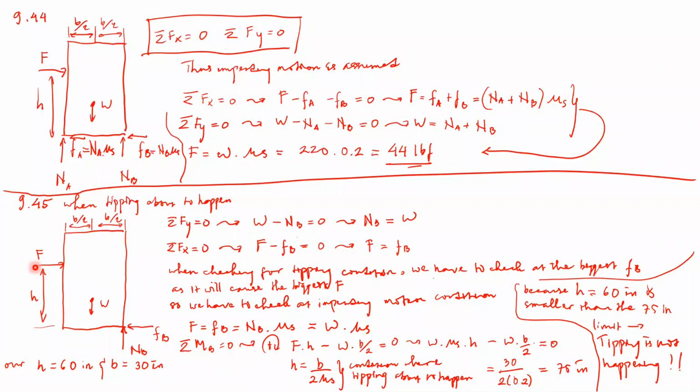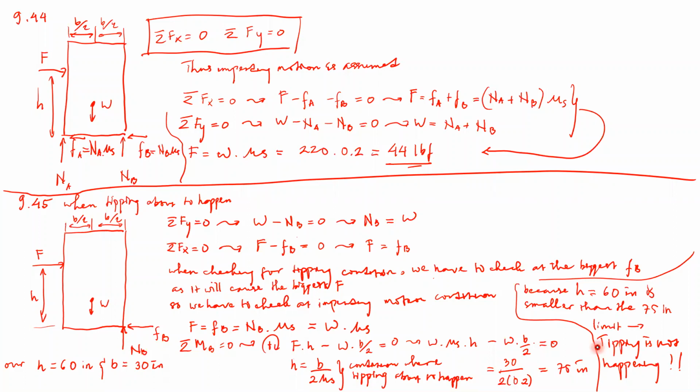Now I want to see whether the height here is enough to cause a tipping or not. So I want to check the limiting value of the height. Using sigma moment equal to 0, I get that the limiting value of the height in order to cause tipping is 75 inches.